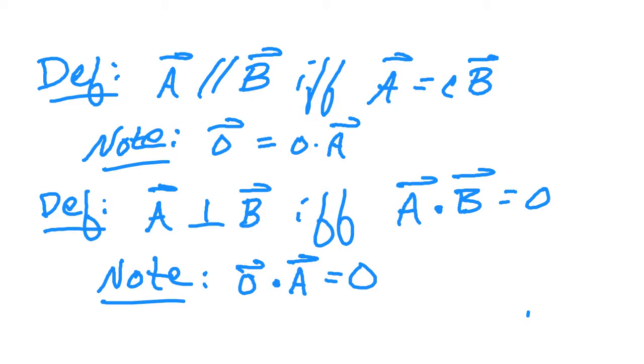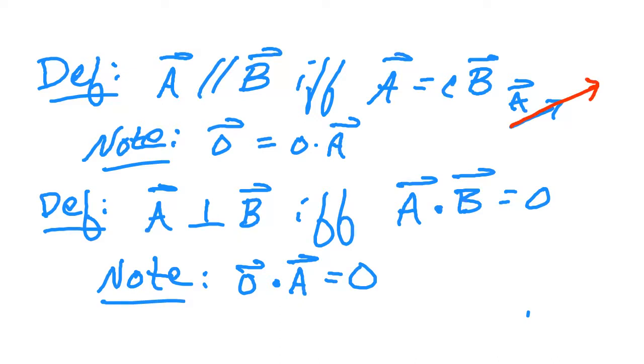Note that A vector is parallel to B vector if and only if A vector is some scalar multiple times B vector. So if this is A vector right here, then the concept is pretty easy.